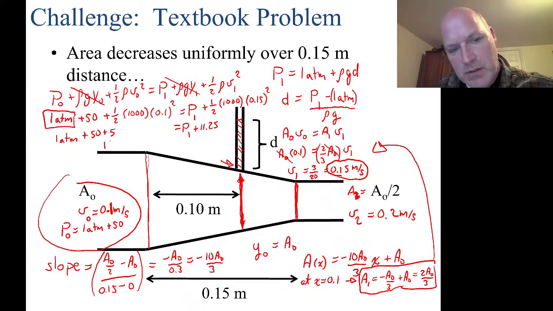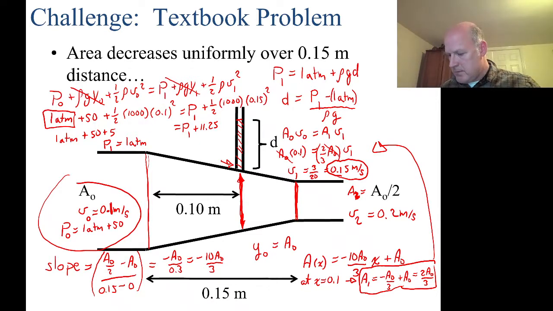So pressure 1 is going to be equal to 1 atmosphere plus 55 minus 11.25, which becomes 1 atmosphere plus 43.75 Pascal.